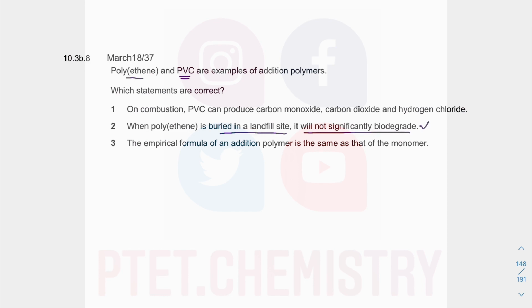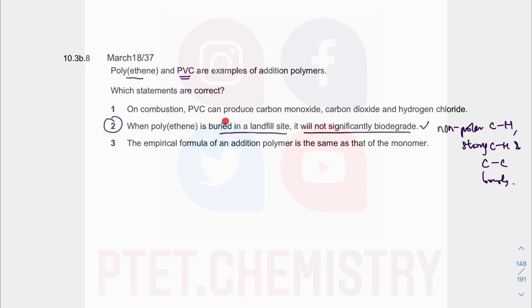That is correct because of the non-polar carbon-hydrogen bonds, and of course we have strong C-H and C-C bonds. Those are partly the reasons why they don't get hydrolyzed easily, and also why it's very difficult for alkanes in general to react, because when you have a polymer, you have lost the alkene functional group. You now become just long chains of alkanes.